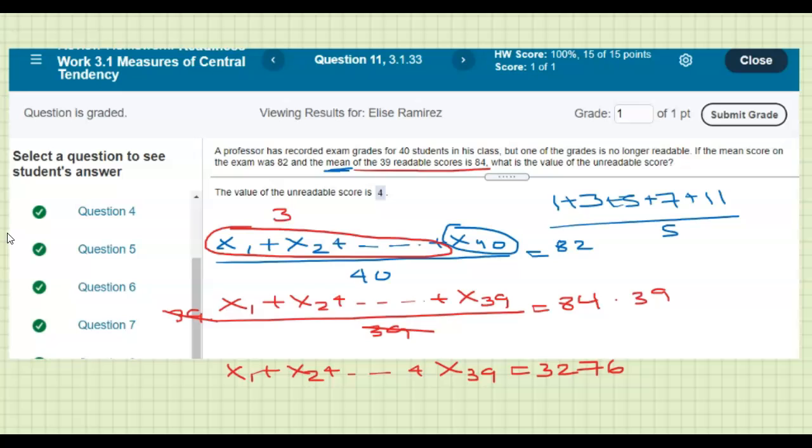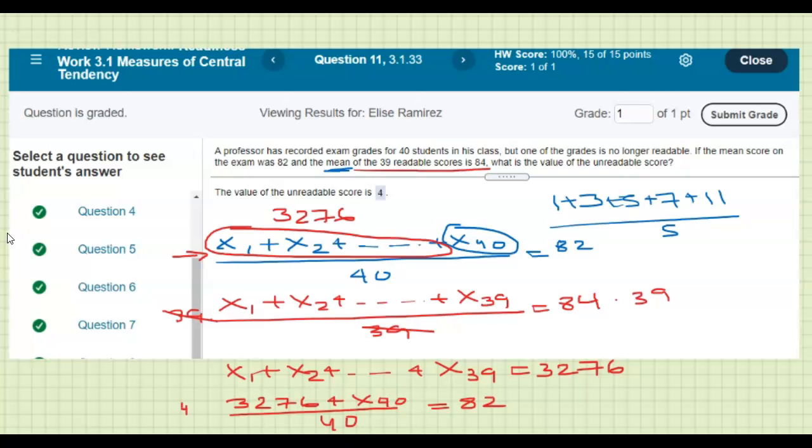So all these added together is 3,276. Now, if I add this last one, 3,276 plus x40, and I divide that by 40, we get 82. So the only thing I did, I went to here and I replaced these numbers, because I knew what this was, plus x40 divided by 40 equals 82.